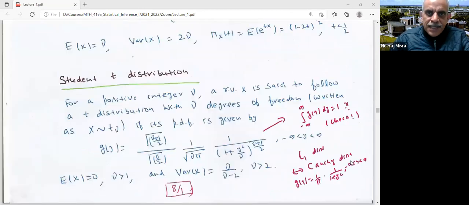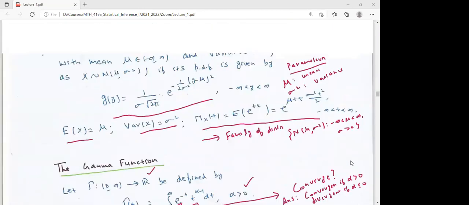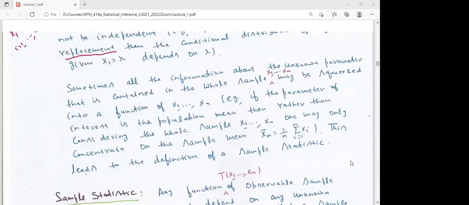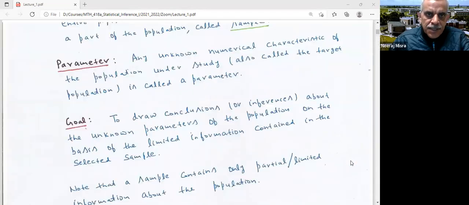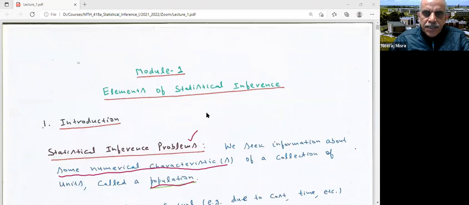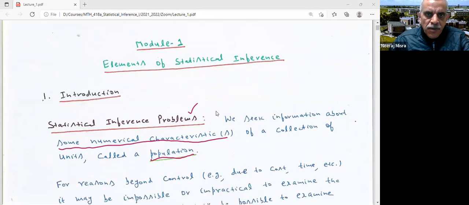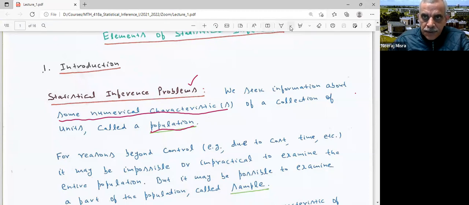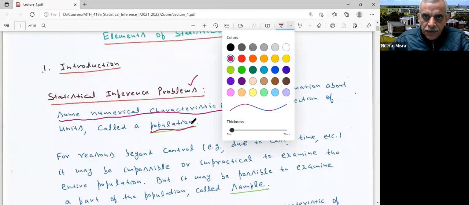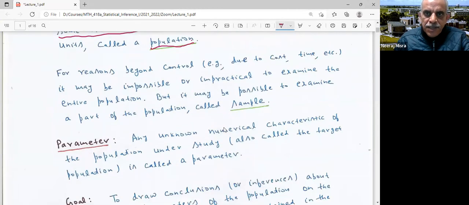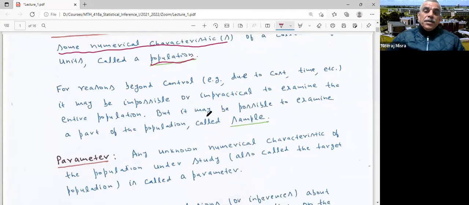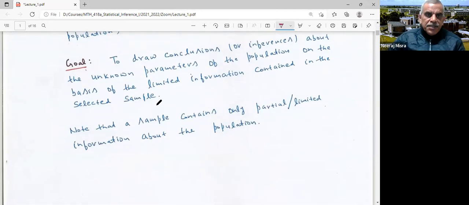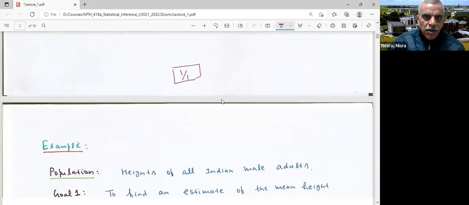So last time we started with the elements of statistical inference problems. I gave you an introduction about what statistical inference problems mean. Then we talked about what a parameter is, a basic goal in statistical inference problems.